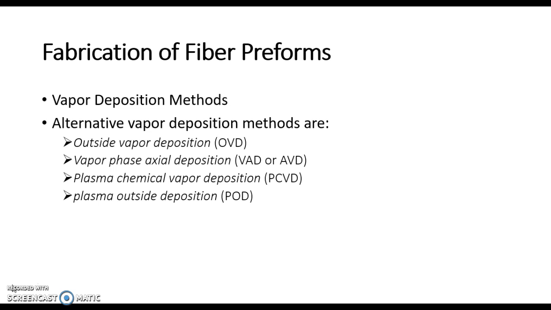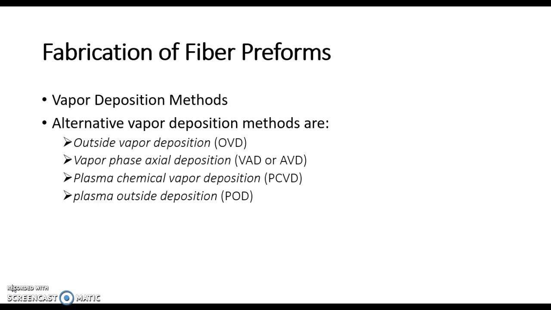Alternative vapor deposition methods include outside vapor deposition (OVD). OVD is a process where the silica soot is deposited on the surface of some target rod rather than inside a tube as with MCVD.